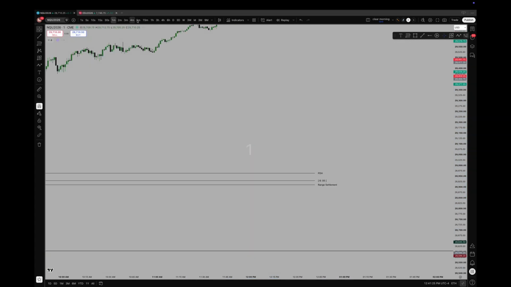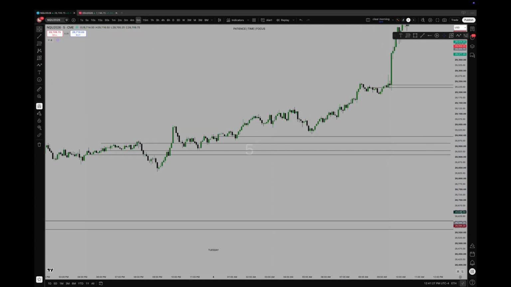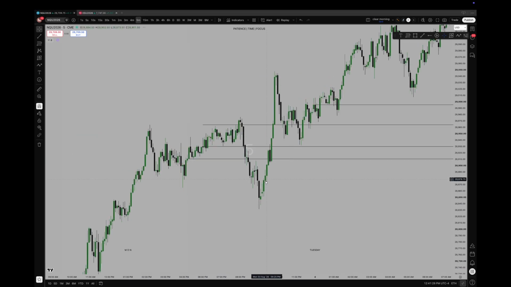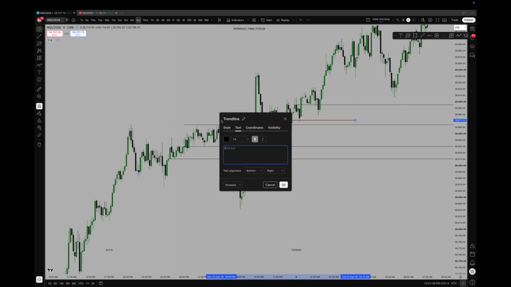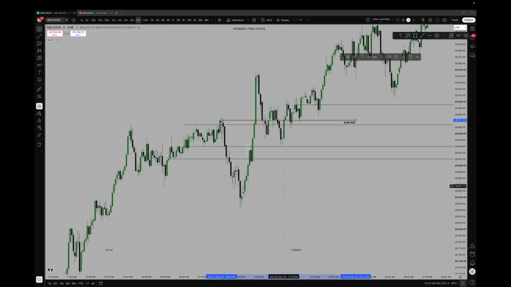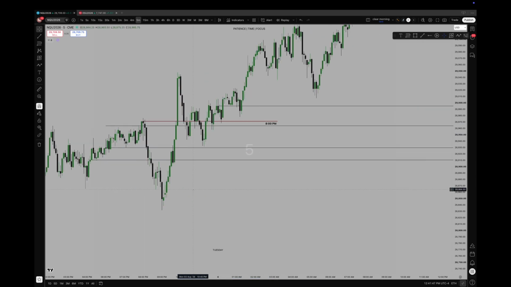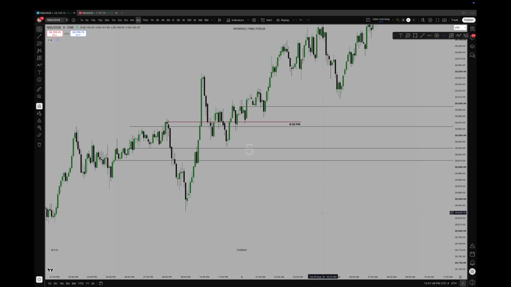So again, going into it, we're in Asia. We're going to take a look at where we are at the opening price of Asia. So it's the opening price. Now we're below 1. Let me label this. We're below 1, we're below 6 p.m., and we're below range settlement.